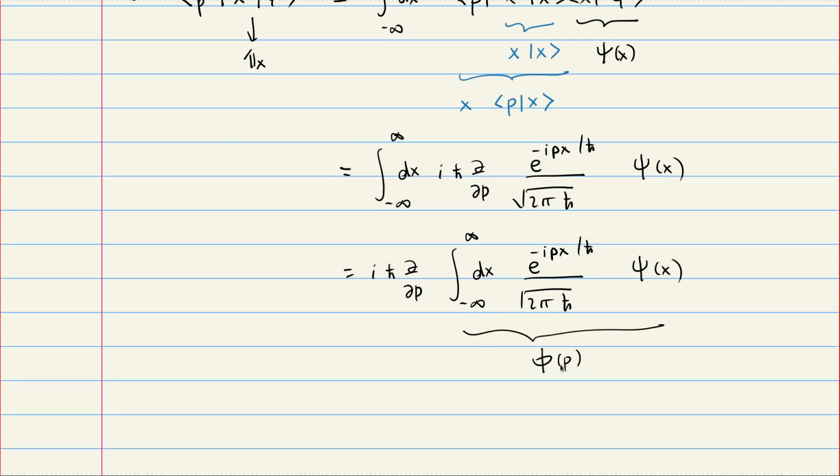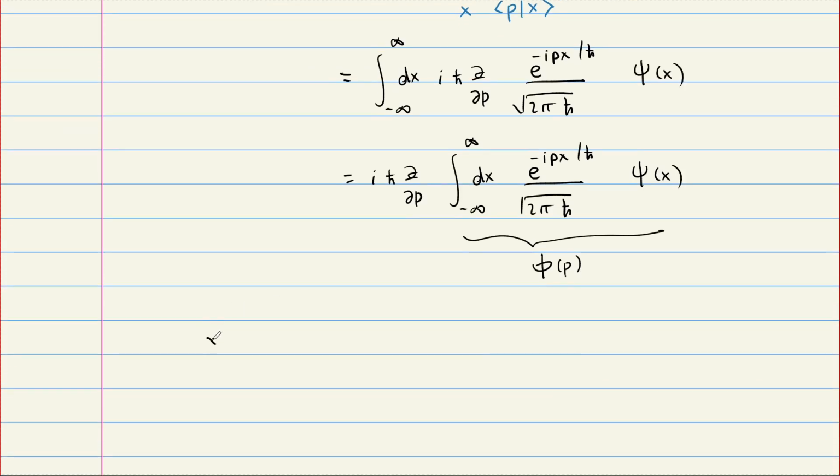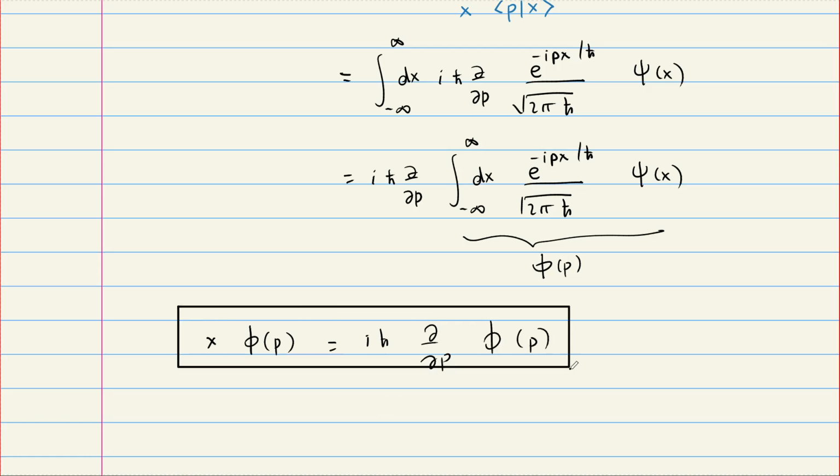Then we conclude x phi of p is going to be i h bar del p phi of p, which we found previously by using some other trick like integration by parts.